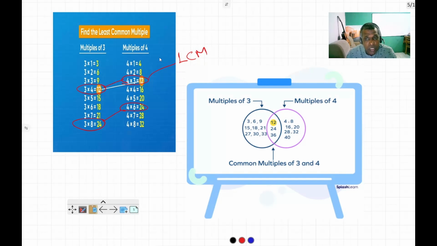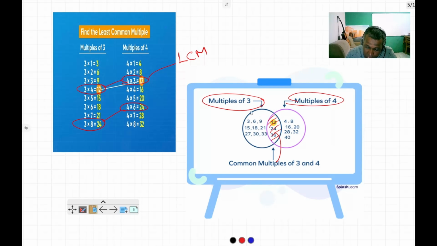Otherwise, we can mark it on another diagram. We mark the circles: all the multiples of 3 are here. All the multiples of 4 are also here, separately. But something at the center is common for both.